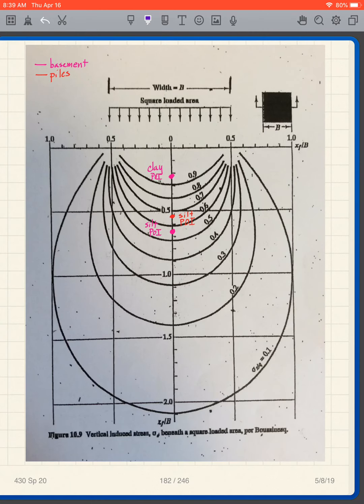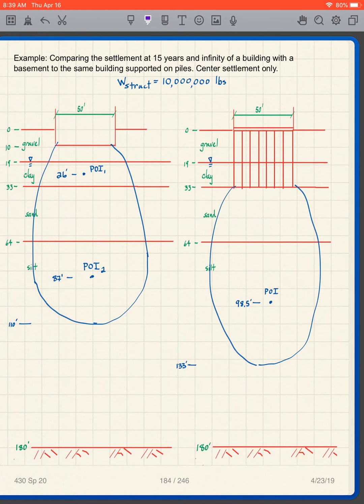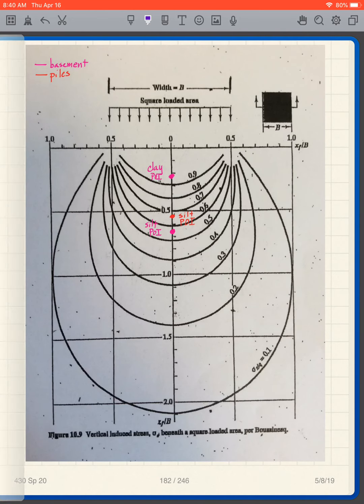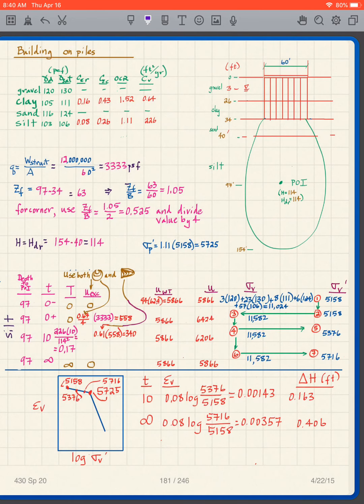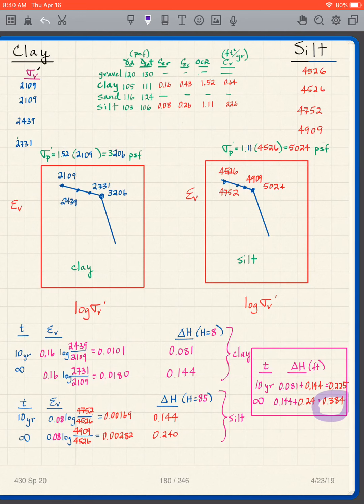Okay, so that's how we get the delta H for the... So note, let's look at the infinity one. For our building on piles, we get 0.406. For our building with the basement, we have 0.384.